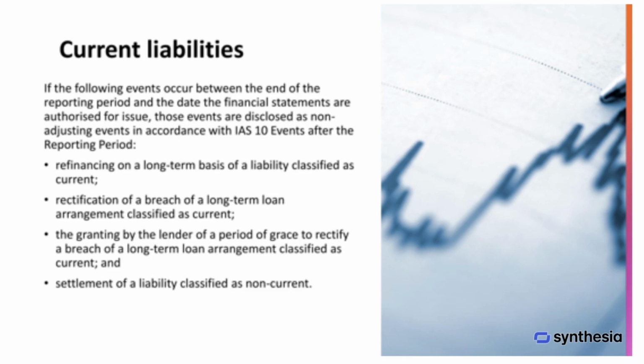These events do not result in adjustments to the financial statements since they reflect conditions that arose after the reporting period, but they must be disclosed to provide users with full and accurate information about the entity's financial position.